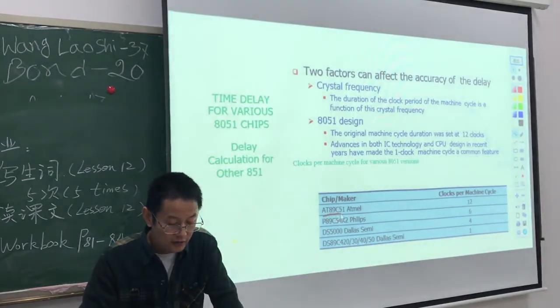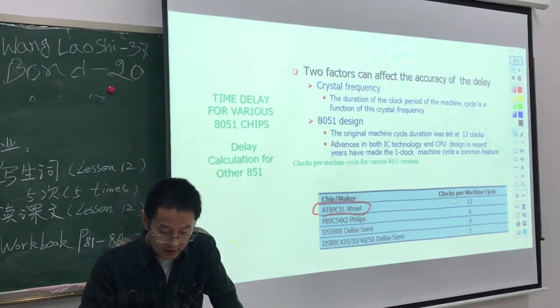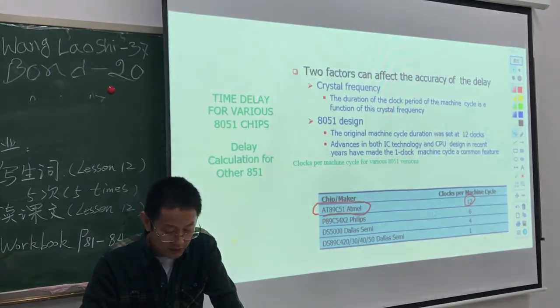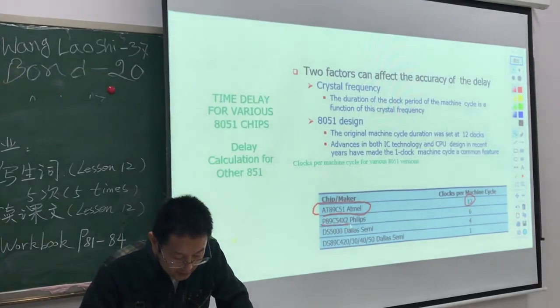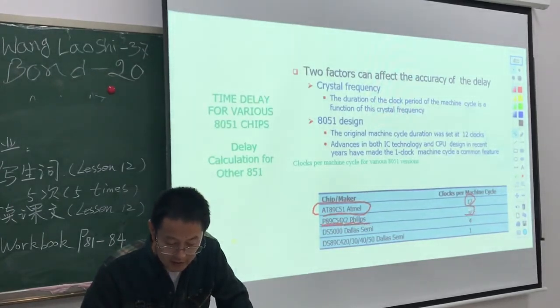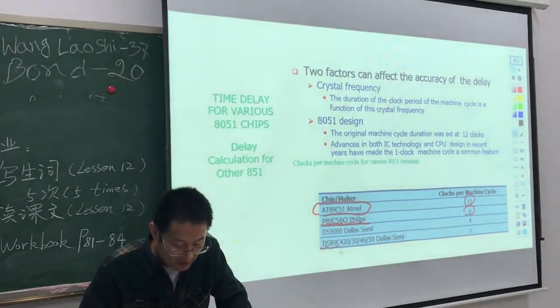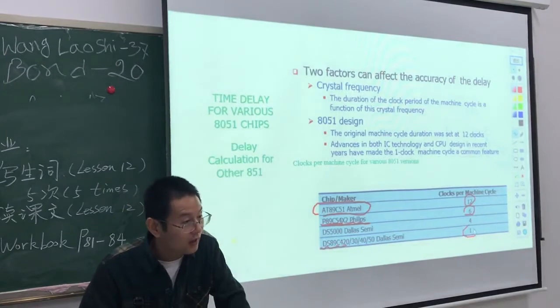The 89C51 uses 12 clocks for one machine cycle, but this microcontroller has 6 clocks, and this one has one clock.